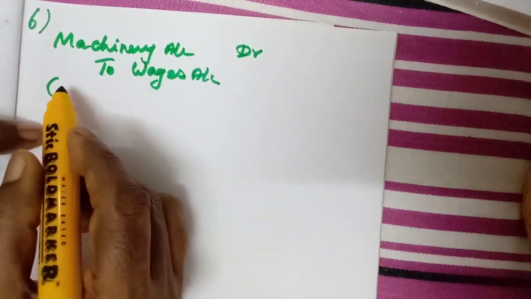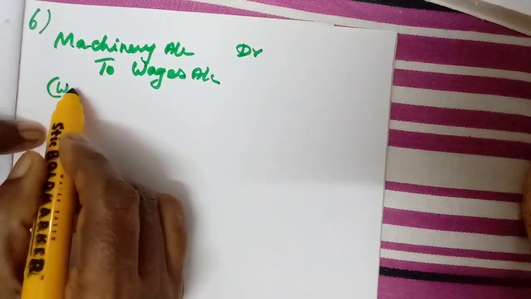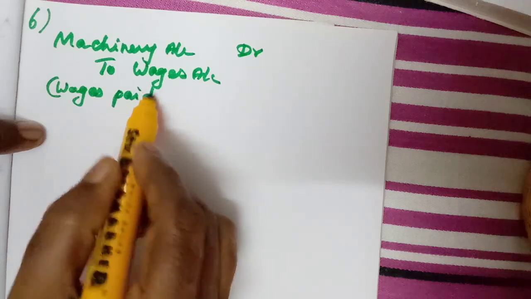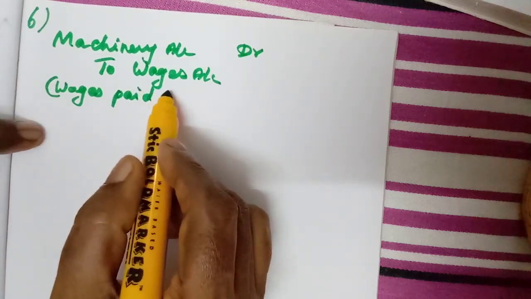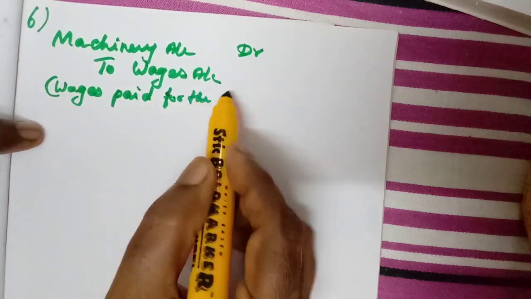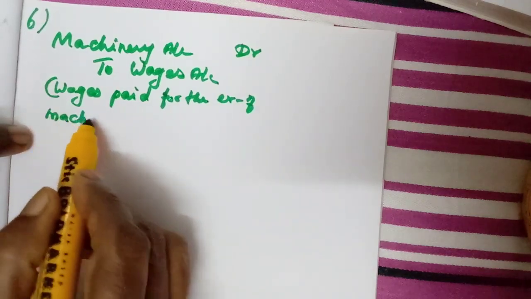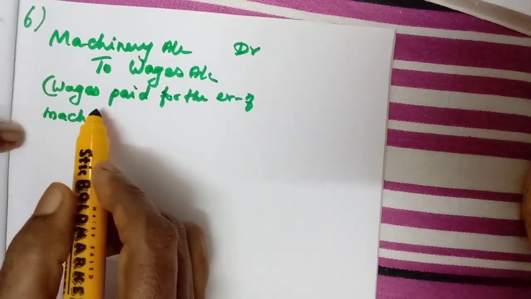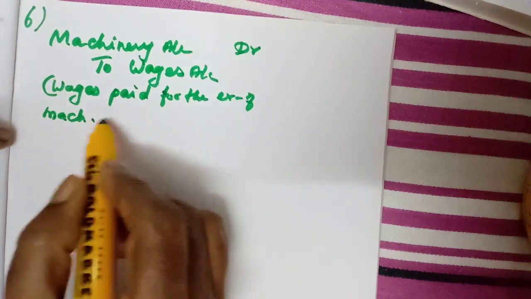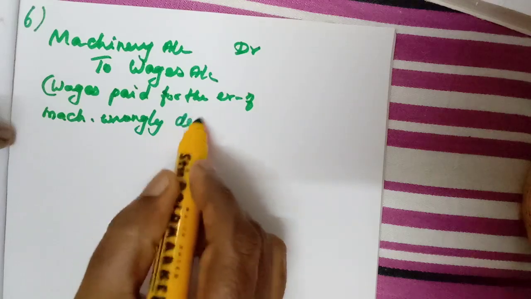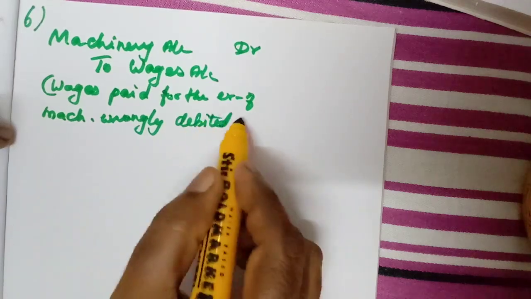Wages paid for the erection of machinery wrongly debited to wages account.